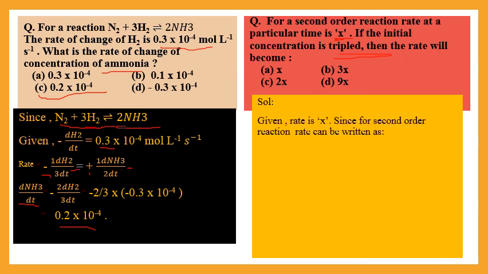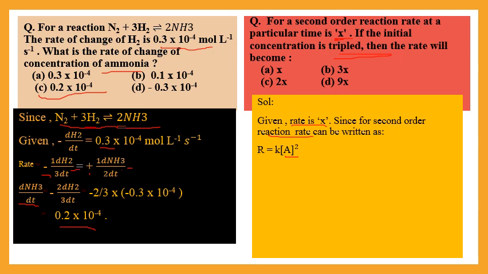Since the rate is X, the value of R is X initially, and for a second order reaction the rate can be written as R equals K, the rate constant, into the concentration of reactant to the power 2. A reaction is second order when the concentration of reactant is to the power 2.